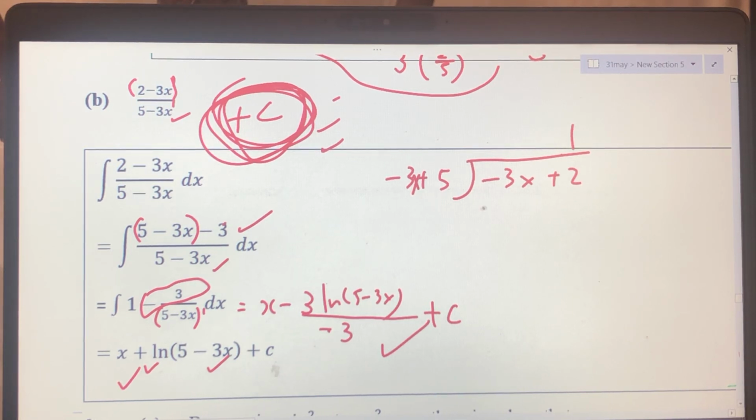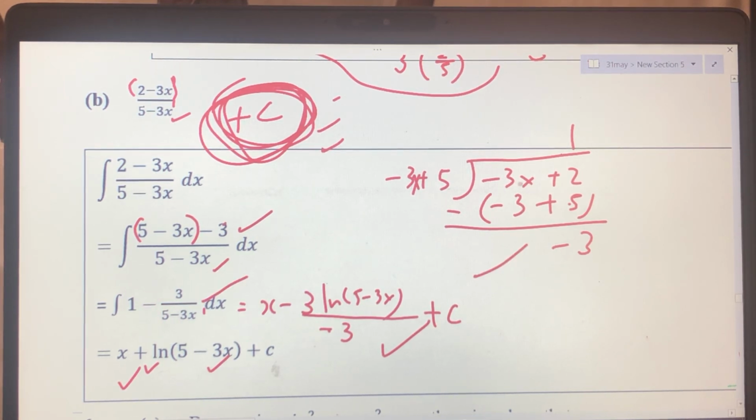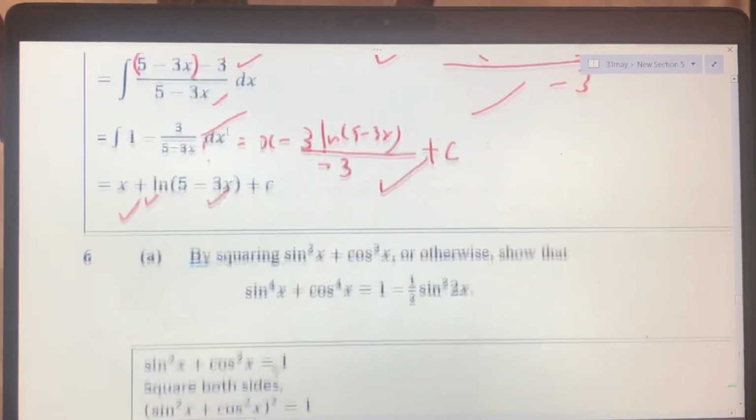It must be 1, no? So it's minus 3x plus 5, and then you go and minus, same. It's the same here, same result, so you can do this or you can do this. Those more comfortable with this, just do this. So when it comes out in O levels, most of the time it is guided in the form of partial fraction, that kind of question.